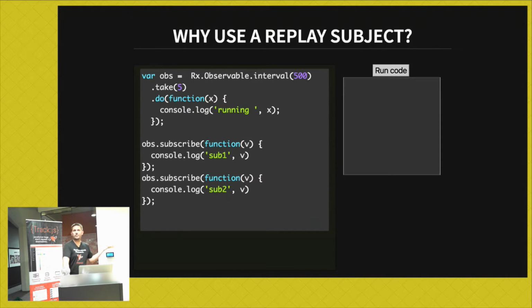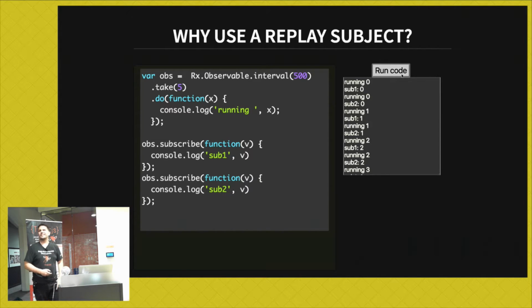Let's take an example where you're again spitting out numbers. You're taking 5 numbers and storing it in a variable. Now I have this observable, and I'm going to subscribe twice to it. Let's see what happens. It looks nasty, doesn't it? We subscribe once, sub1 gets a 0 and executes this on top.